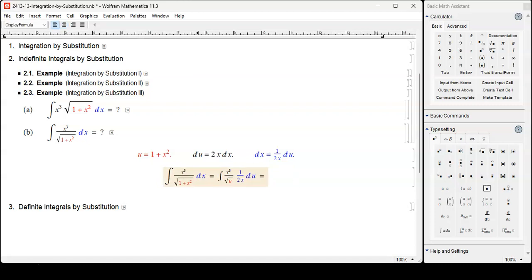So after simplification, one over 2, and then x cubed, x squared. So x squared left, and then 1 over square root of u, but I prefer the power form, so let's rewrite like this.